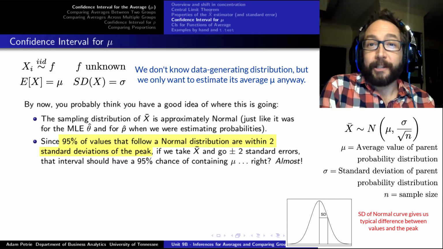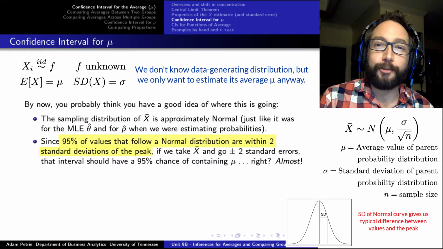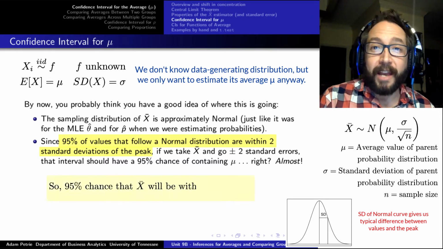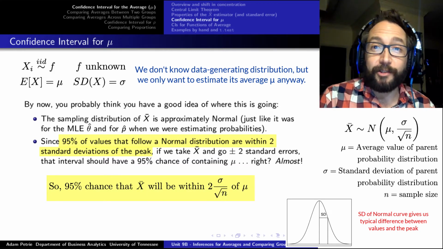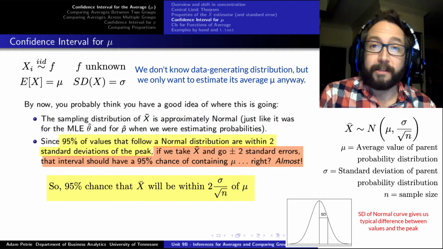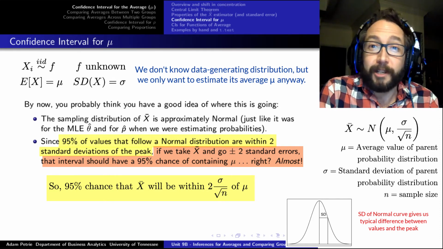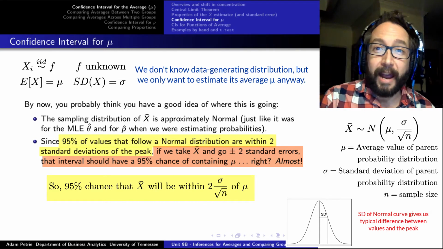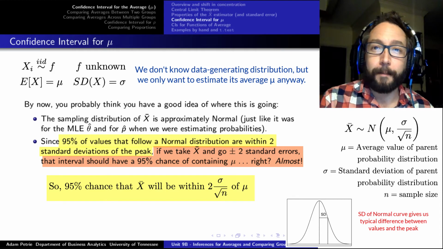So the fact that the sampling distribution of the sample average, the distribution of the possible sample averages we might observe when we go collect data, has that normal distribution means there's a 95% chance that the sample average that I'll go and measure will be within 2 standard deviations of the peak, within 2 sigma over the square root of n. So it stands to reason that if I take my one sample average that I've measured and go plus or minus 2 standard deviations away, 2 sigma over square root of n, that would give an interval that has about a 95% chance of covering mu.